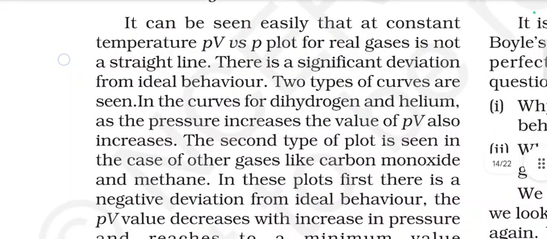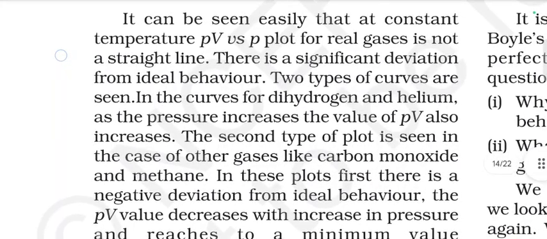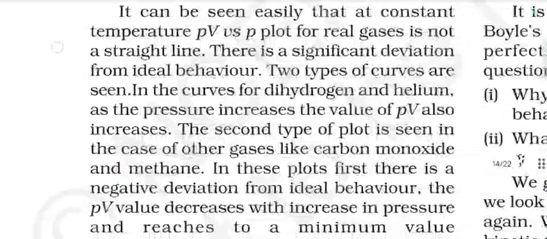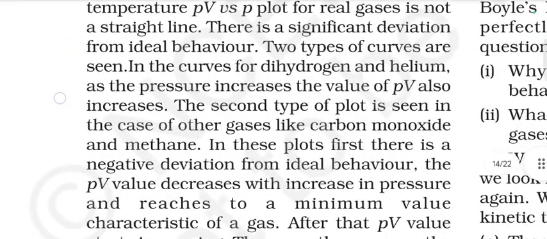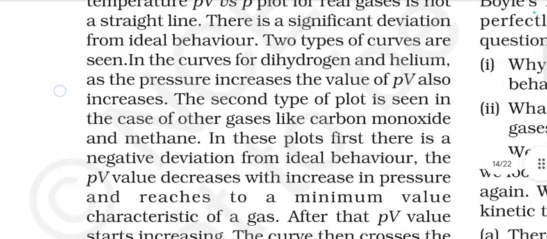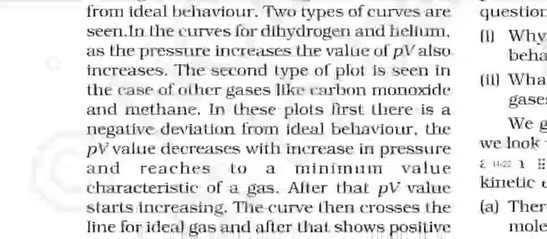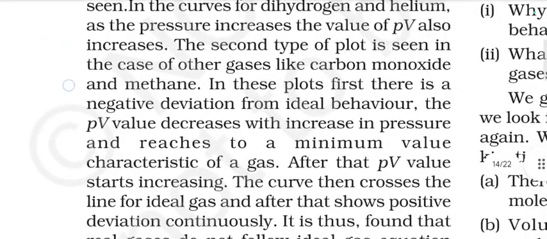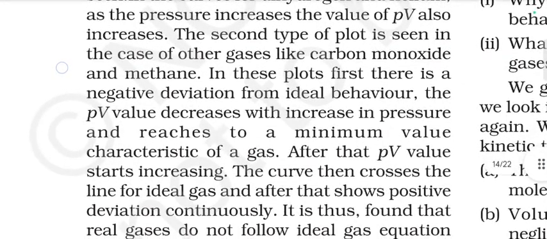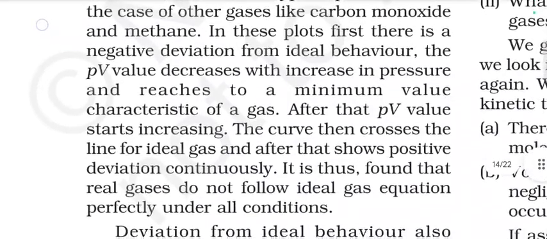It can be seen easily that at constant temperature, the PV versus P plot for real gases is not a straight line. There is a significant deviation from ideal behavior. Two types of curves are seen. In the curves of dihydrogen and helium, as the pressure increases, the value of PV also increases. The second type of plot is seen in the case of other gases like carbon monoxide and methane.